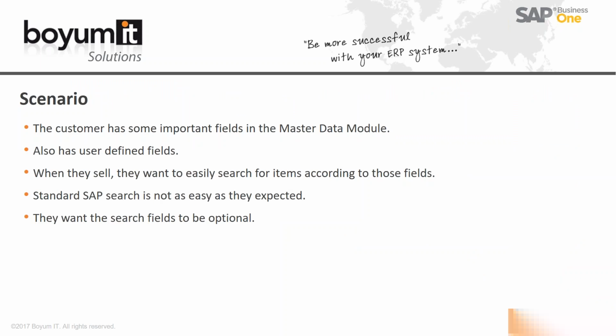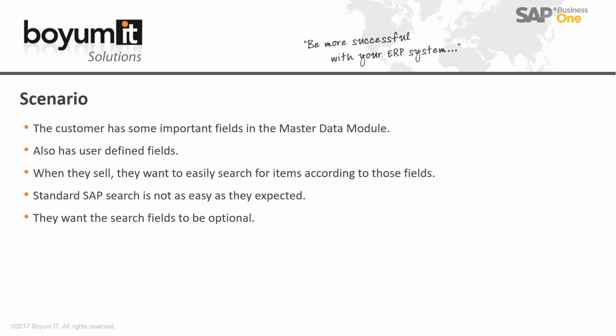What is the scenario? Well, a lot of customers have some very important fields, for example, in master data models, most specifically the items. Sometimes they use a lot of fields to add very important information, like the additional ID or some specifications that we have.